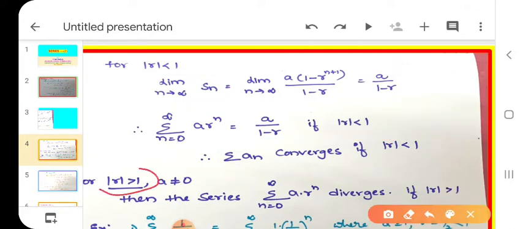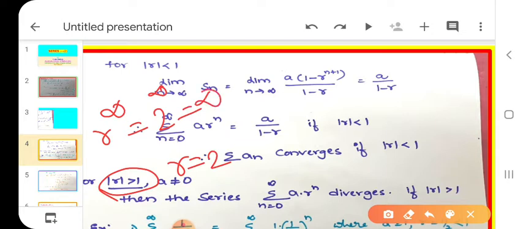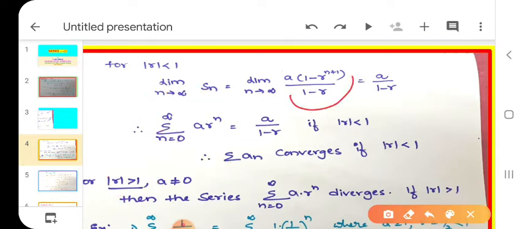If mod r greater than 1, that means greater than 1 means 2, 3, 4, any large value. What is the value of r power infinity? If mod r greater than 1, that means r equals 2. What is the value of r power infinity? That means 2 power infinity is infinity. See, if mod r greater than 1, we write a into 1 minus r power infinity.